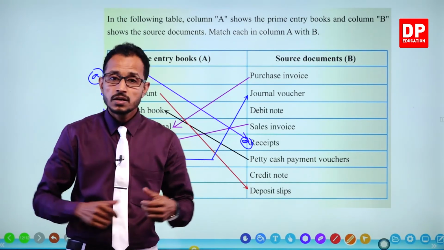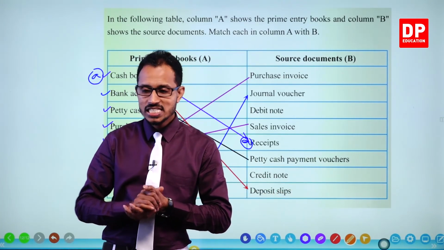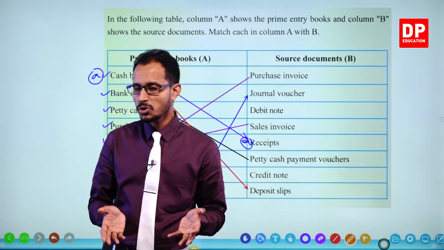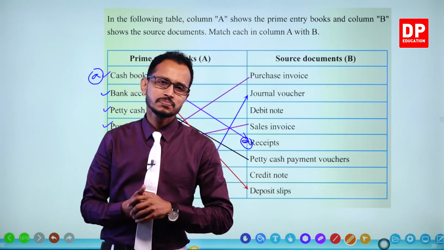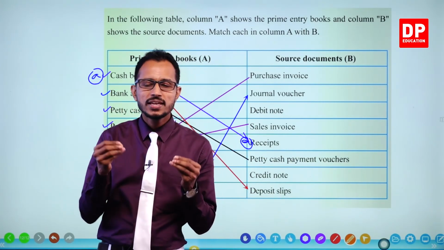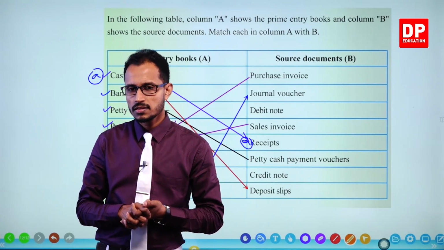Ask the bookkeeper about the day books. Ask the cashier about the source documents, the bills. How many sales transactions, how many cash sales have been done today?